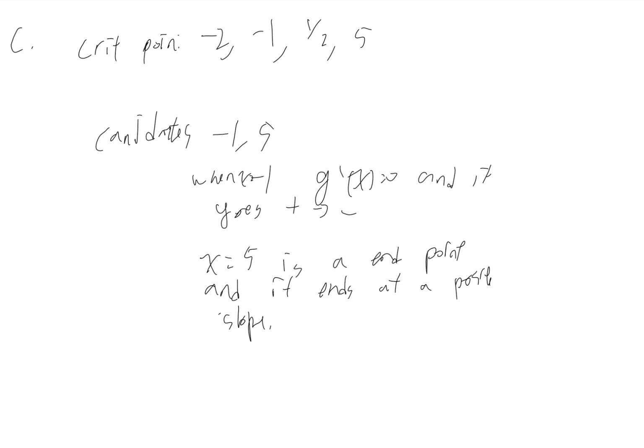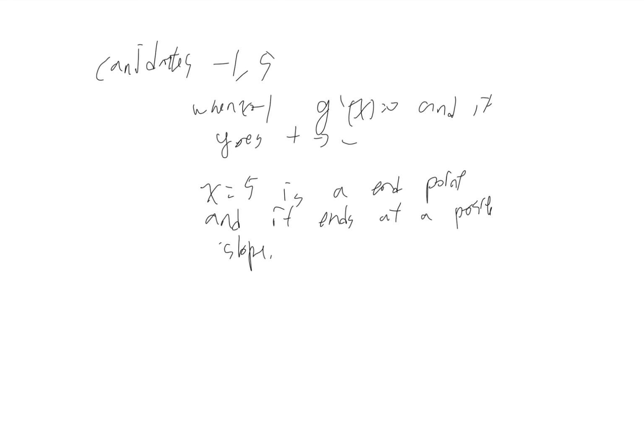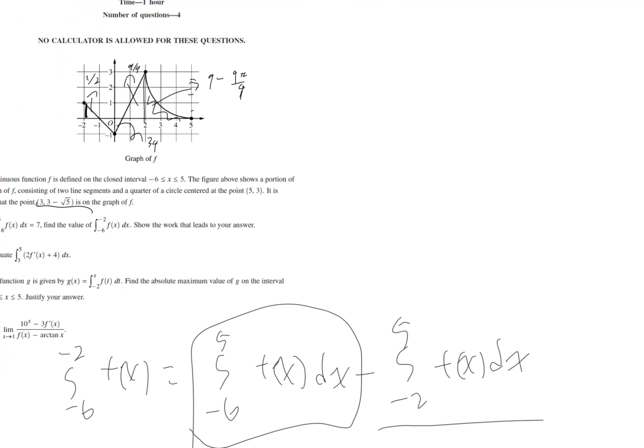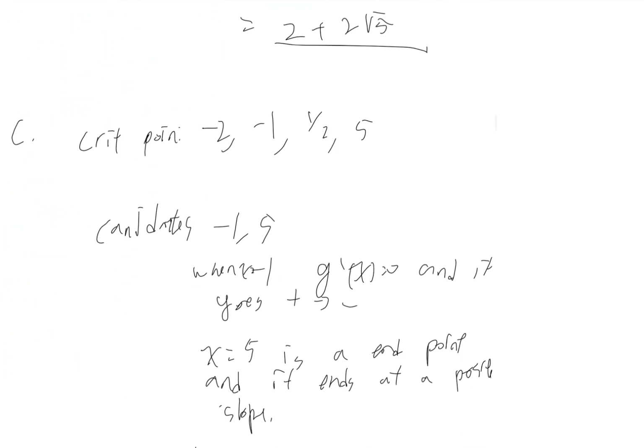And now we actually have to check the values of this, so you actually got to integrate from -2 to -1 of f of x. So this is what g of x equals. And as you can see, we already found the values up here, so all we have to do is plug it in.